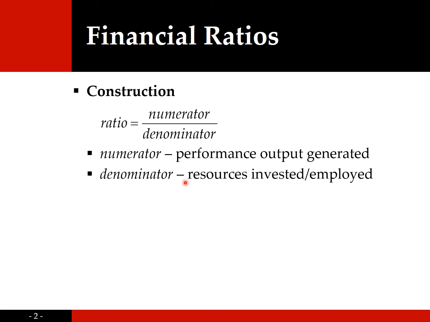These resources are then productively employed in the company's operation to generate some output. And the magnitude of the output will be recorded in the numerator, in the upper part of the ratio. So in other words, we can say that a financial ratio tells us how much output was generated for the unit of resources invested in the company.